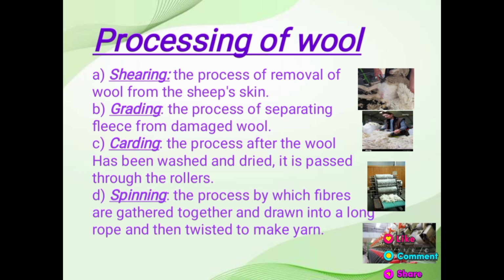The thick hairs of the sheep are removed from the sheep's skin. Second one is grading. The process of separating fleece from damaged wool. In the shearing process, we get damaged wool and proper wool. Separating the proper wool from the damaged wool is called grading.